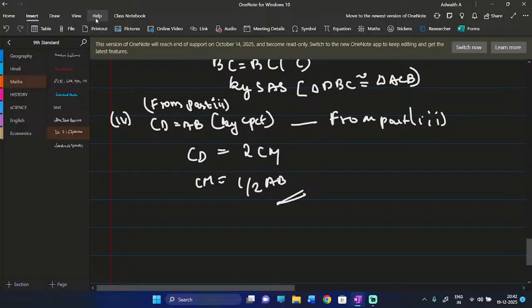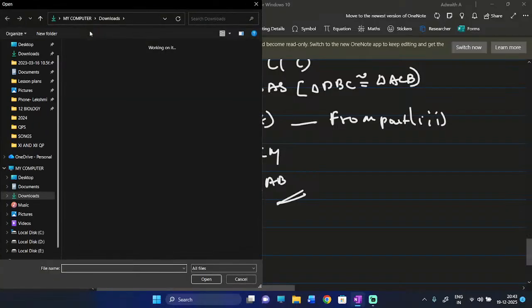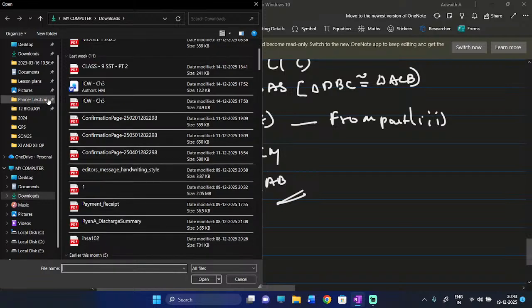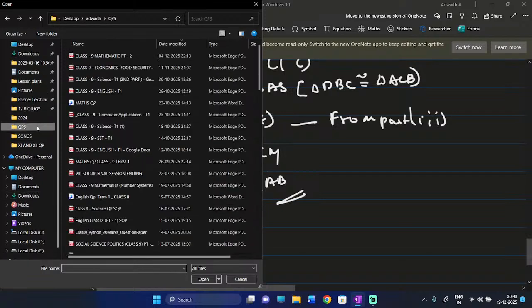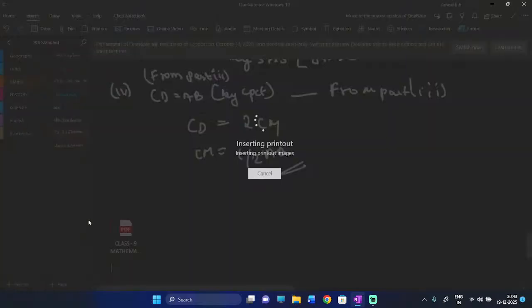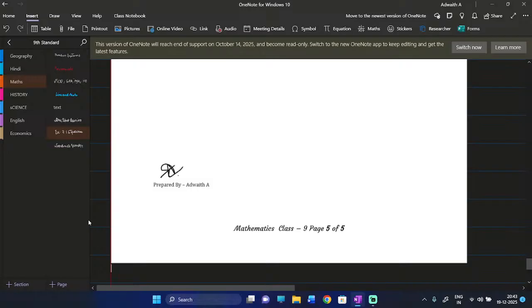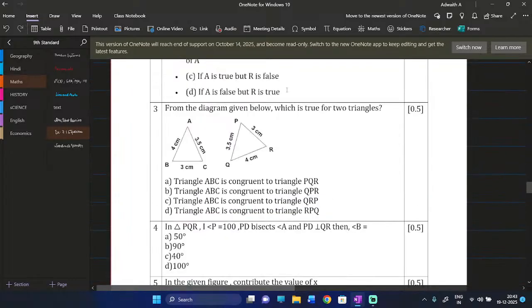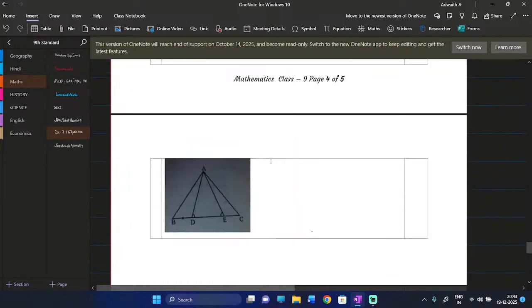Now questions. This is full of triangles only. There are 5 pages, which doesn't mean that this is a big question paper. Only 11 or 12 questions.